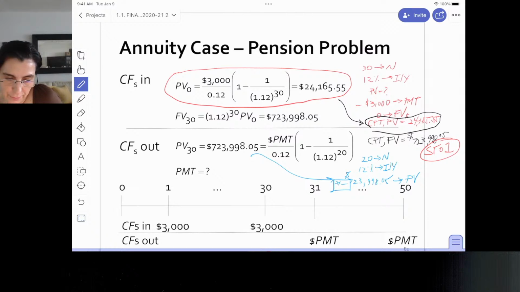And payment is what we want. And we put 0 in FV. We don't want FV. And now ask to compute payment. And what do you get?